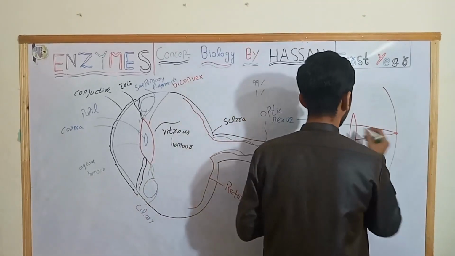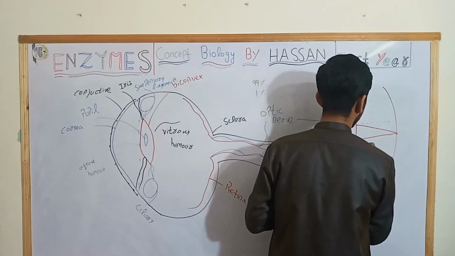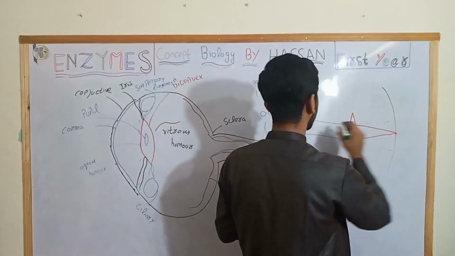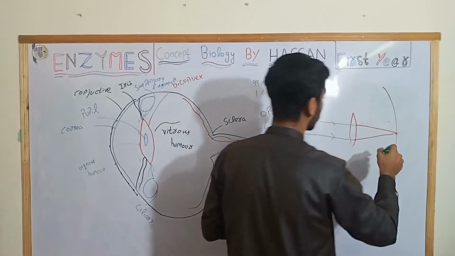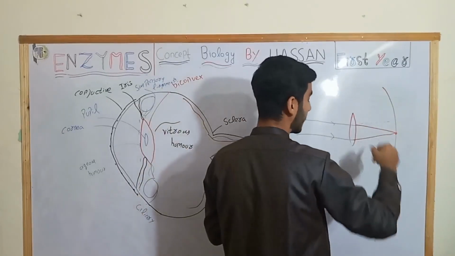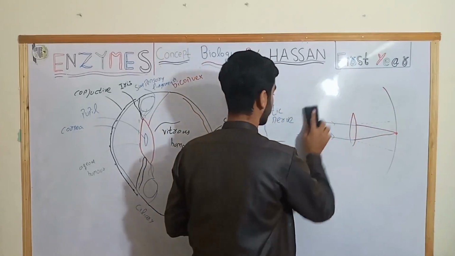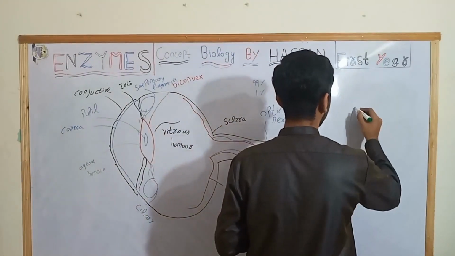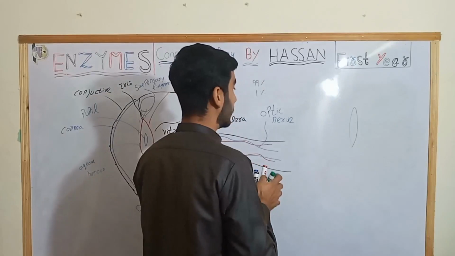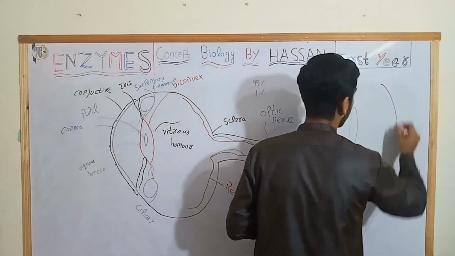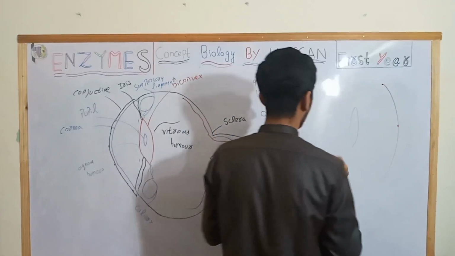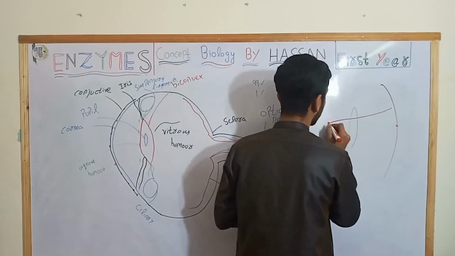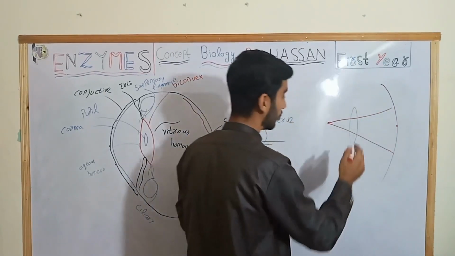So if the situation is like this, this is our lens, and if the object is near to our eye, then what will happen? The light coming toward our eye goes this way.